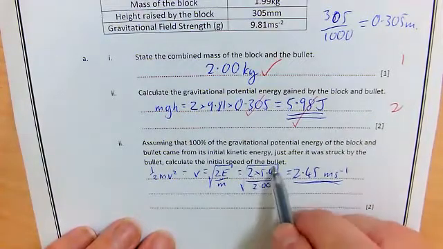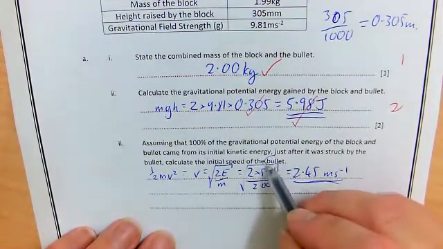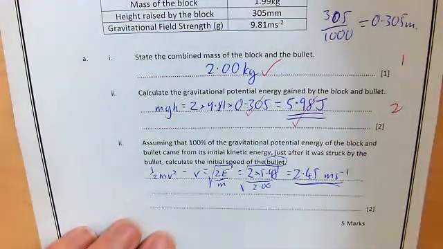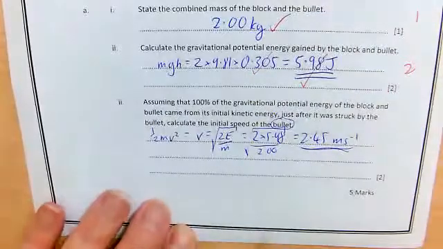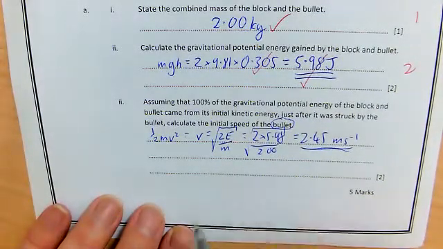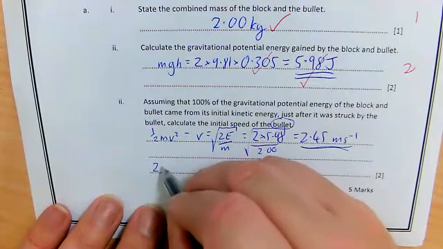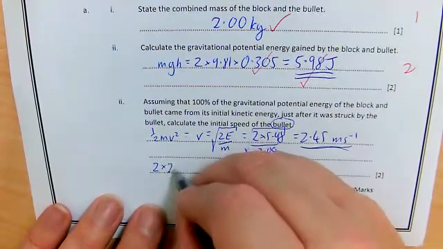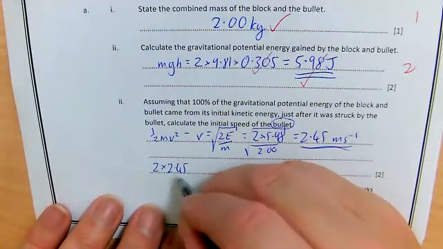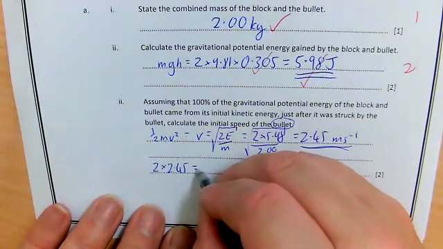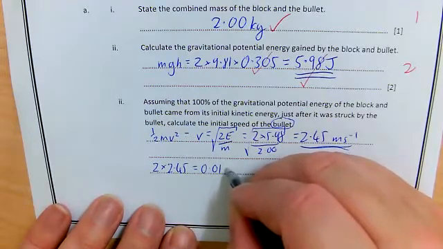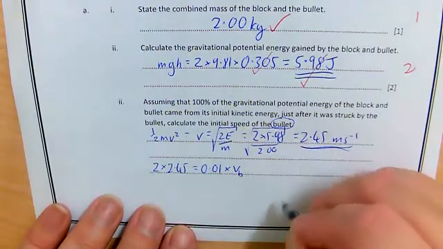Now, if you wrote that as your final answer, I was generous this time, but you have to read the question. It doesn't want the speed of the bullet in the block, it wants to know the speed of the bullet. So what you've actually got to do afterwards is think about momentum. Well, if you've got 2 times 2.45 is your momentum before, because it's 2 kilograms times 2.45, it's going to be equal to 0.01 times the speed of the bullet.